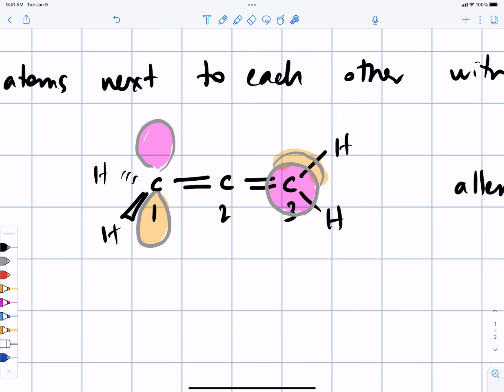So what about that? Why does that mean they're not conjugated to each other? What's a requirement of conjugation?